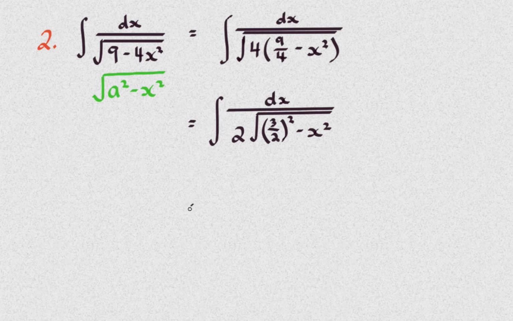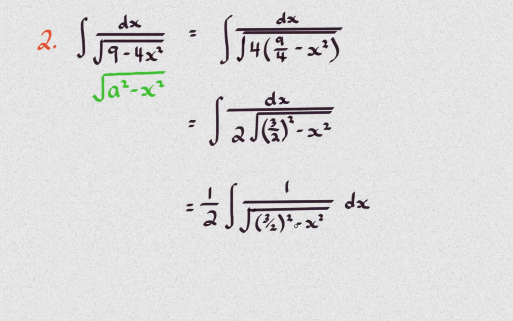It's a lot easier to use our rule. So finally, we'll just drag that 1/2 out the front of the integral. And we're left with 1 over the square root of 3 on 2 squared minus x squared dx. And so now we can integrate.